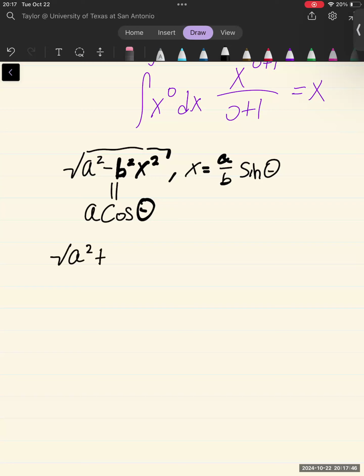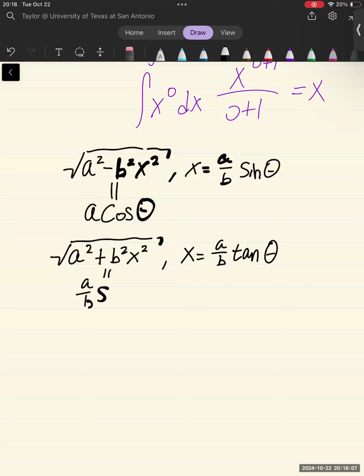If we have a squared plus b squared x squared, notice the difference in signs here, we're going to have x equaling a over b tan theta, where the radical equals a over b secant theta.